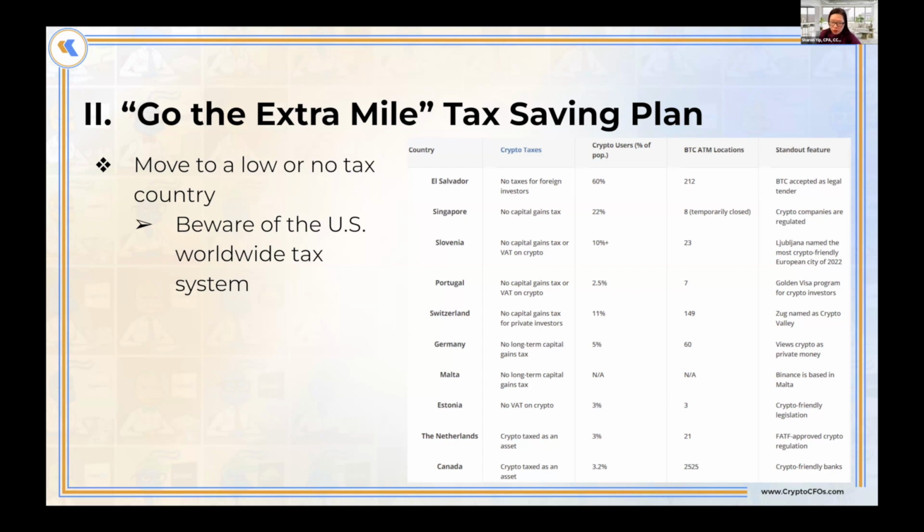Although you may be able to claim a foreign tax credit or foreign earned income exclusion to reduce your taxes, you are not totally safe from paying US tax by just moving to a different country.